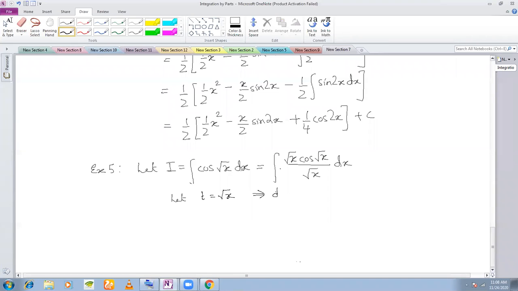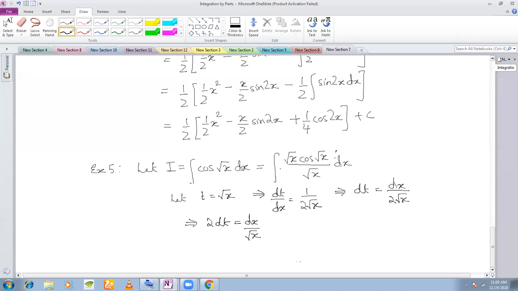So what do you get? dt dx is equal to 1 by 2 root x. That means dt is dx by 2 root x, or you can write 2 dt is equal to dx by root x, right?